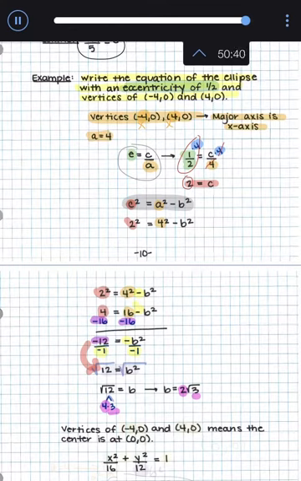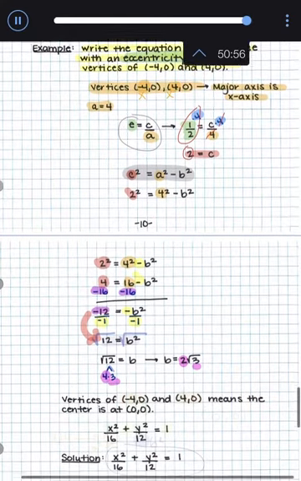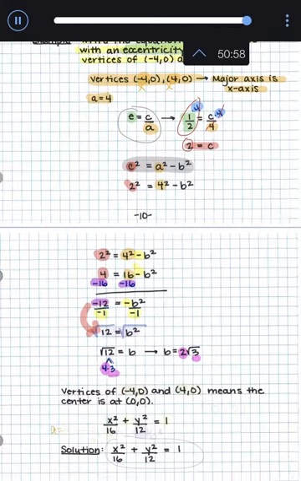So let's keep going. Because our major axis was X and it had a radius of 4, we can put an A squared, or 4 squared. A was 4, so that means that 4 squared, your A squared, goes on the bottom, which was 16.